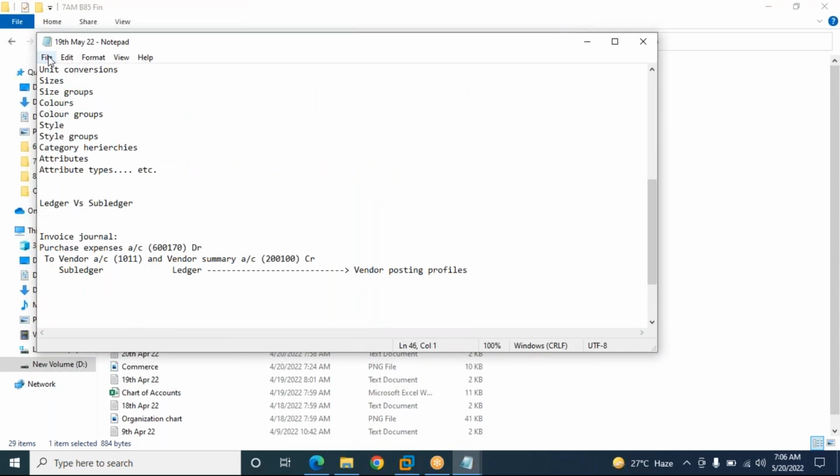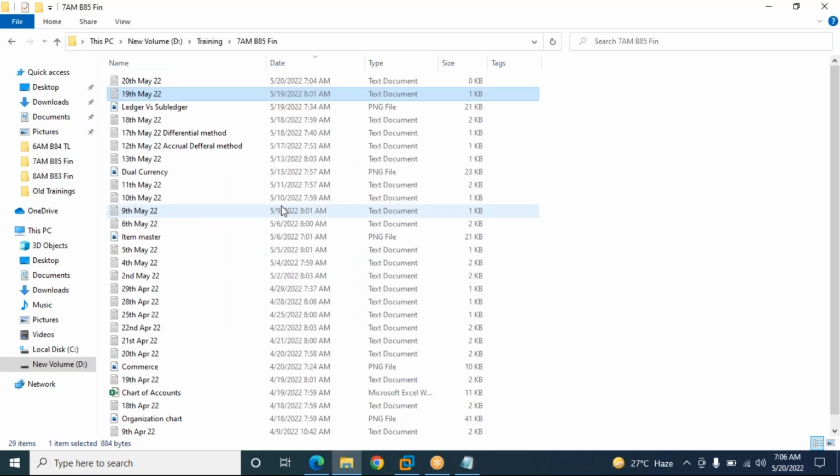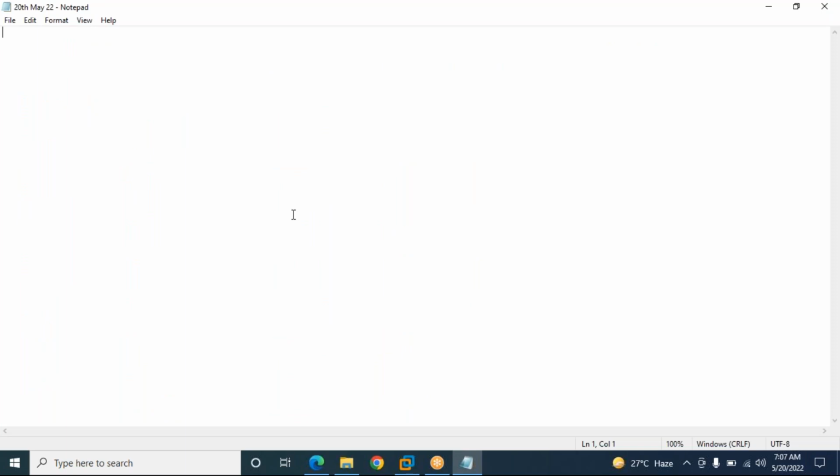Okay, ledger subledger concept we have learned. Fine. Next, ledger allocation rules. Whether I have explained this one? Anyone? We have understood accrual schemes, am I right?